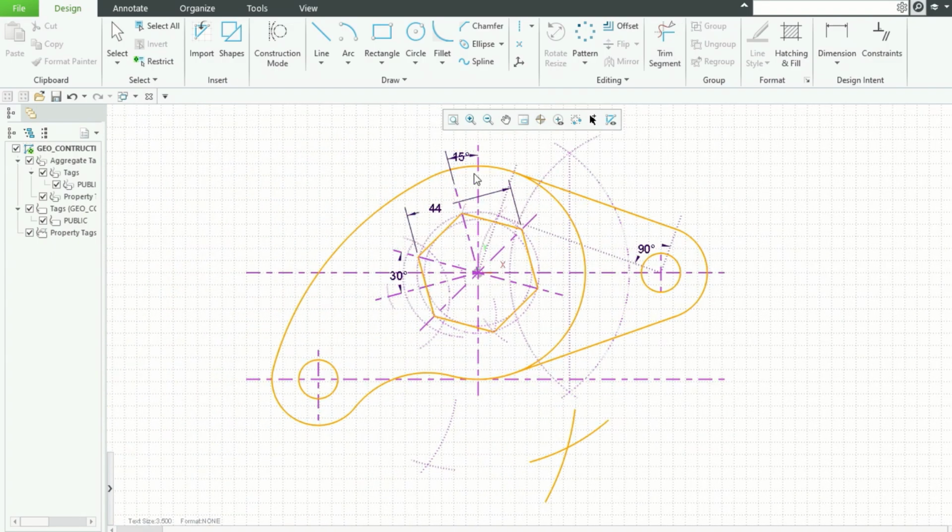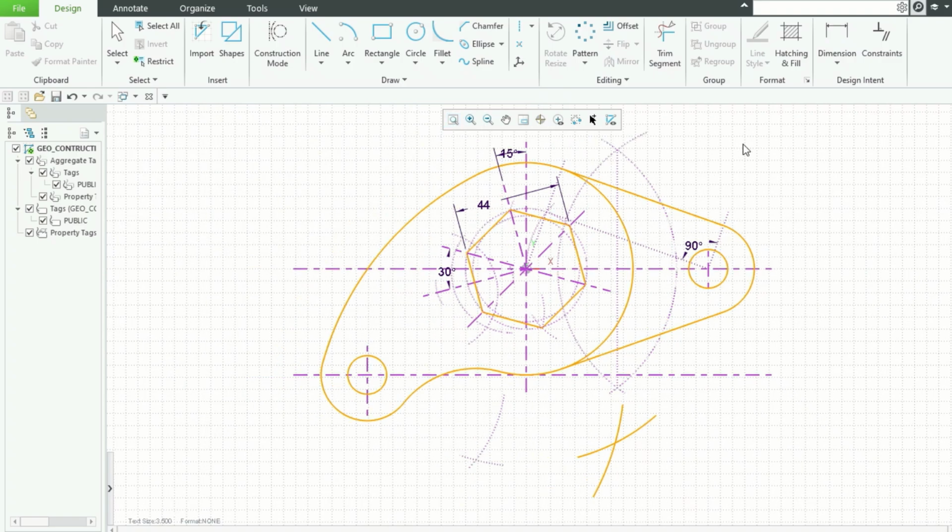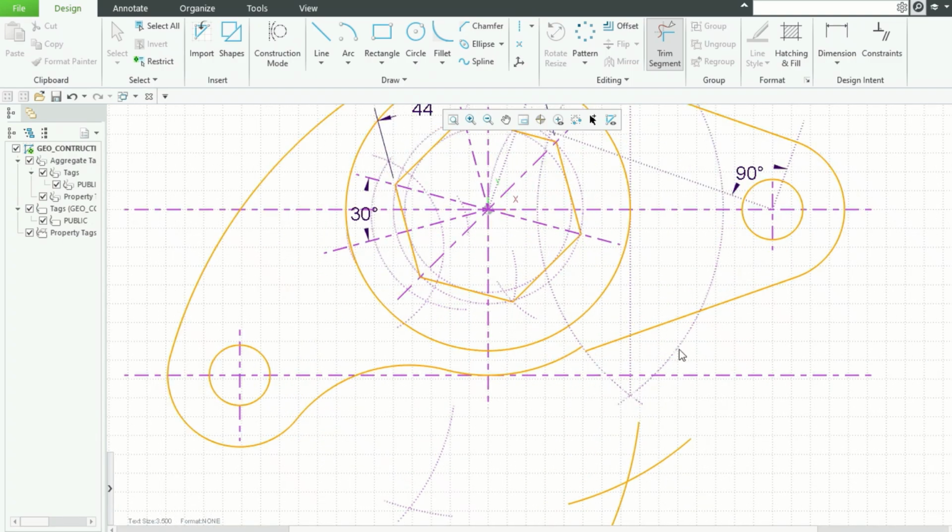We have done. And another circle of 75 mm diameter. This is the design. That's it. We have done.